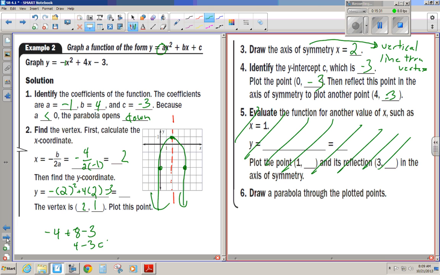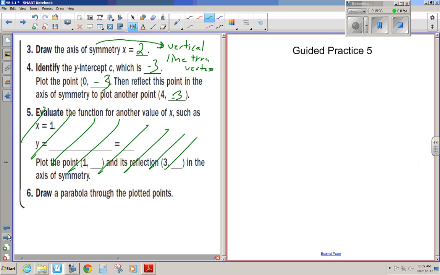All right, moving on. Guided practice number 5. It's y equals 2x squared plus 6x plus 3.